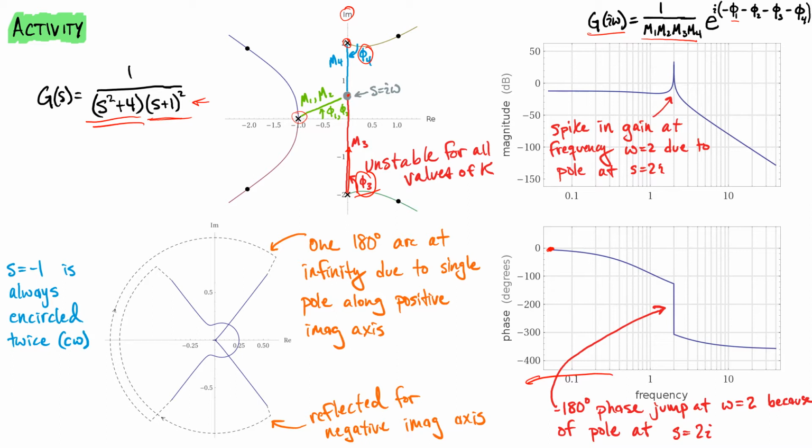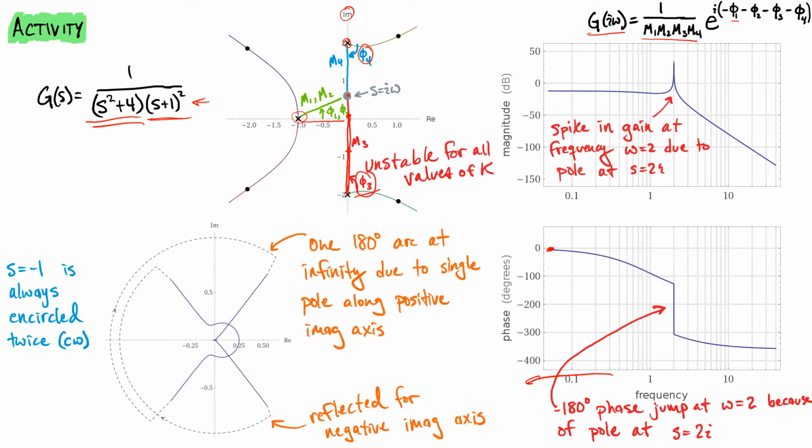So that's one thing that we can tell. The other thing we can tell is the magnitude at that same point when s is very, very small. The magnitudes from the s equals -1 points will be 1, so m1 and m2 will be magnitude 1. m3 will be a magnitude of 2, and m4 is also a magnitude of 2.